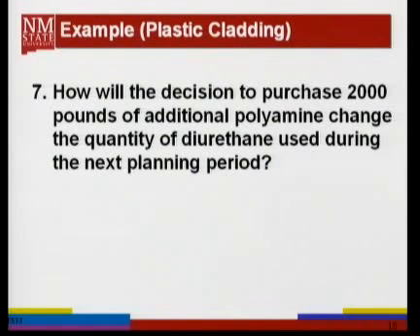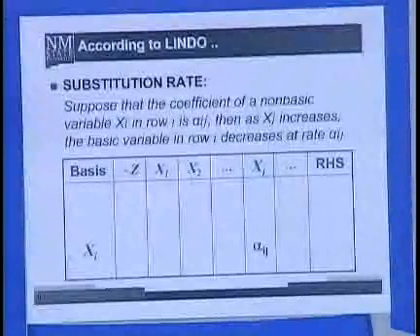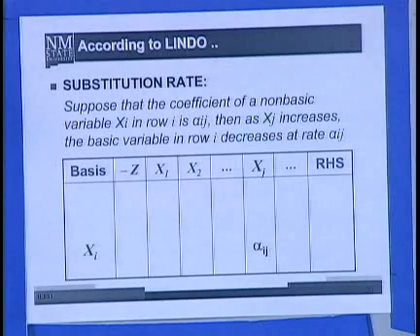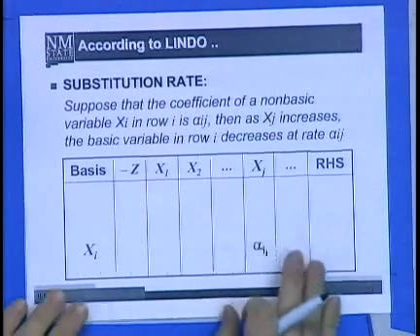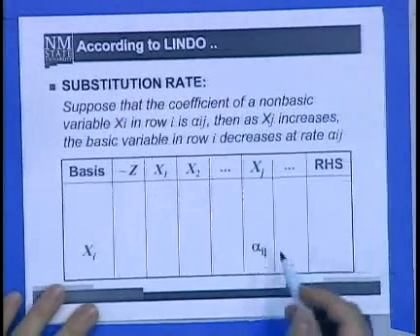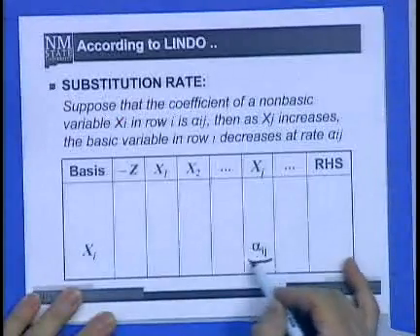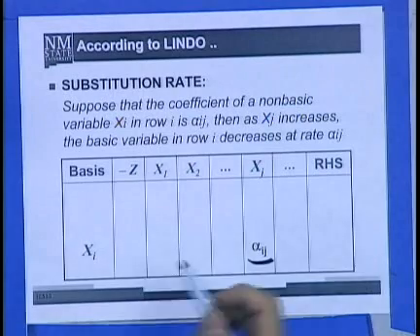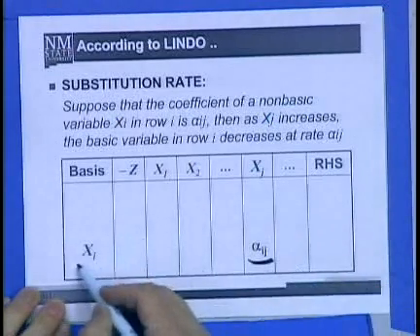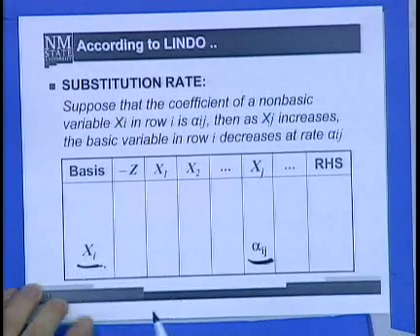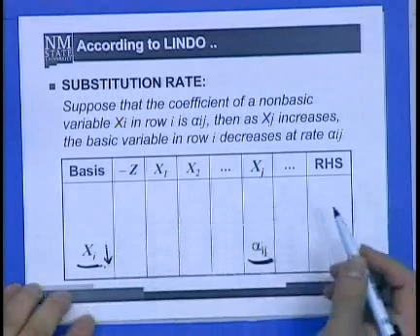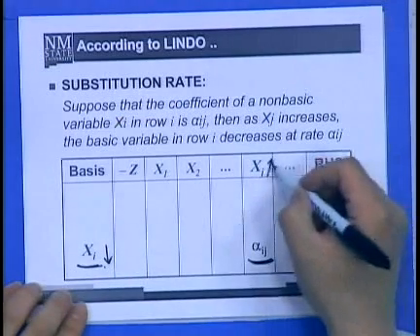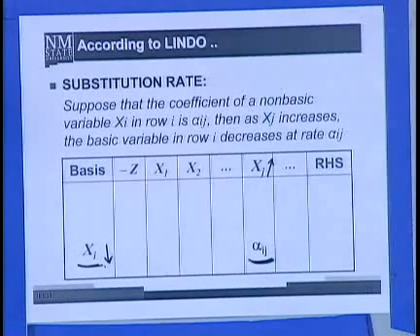Then we need to look at the substitution rate. Just to remind you, the substitution rate alpha ij represents how much the basic variable xi decreases as the non-basic variable xj increases.